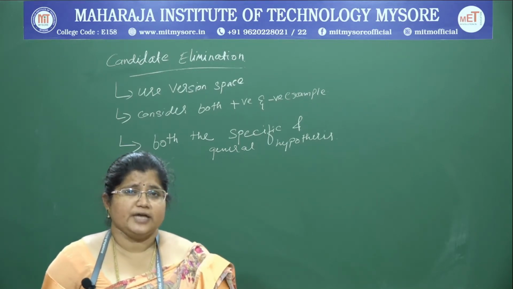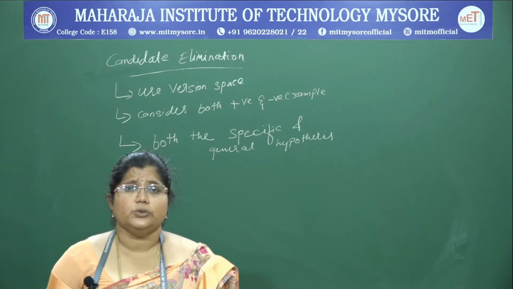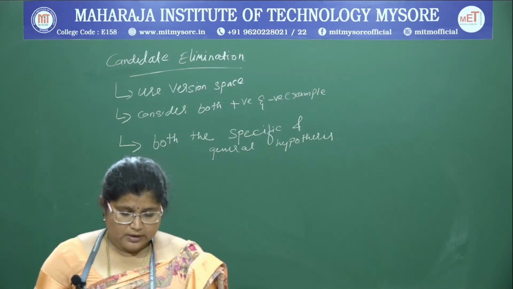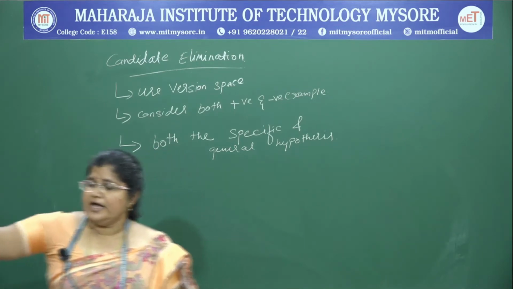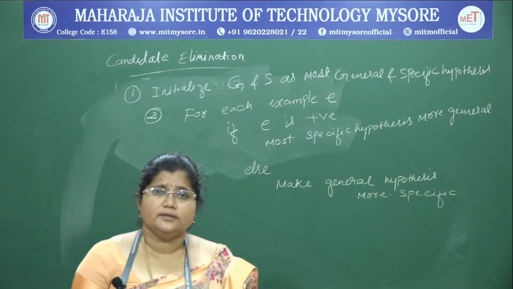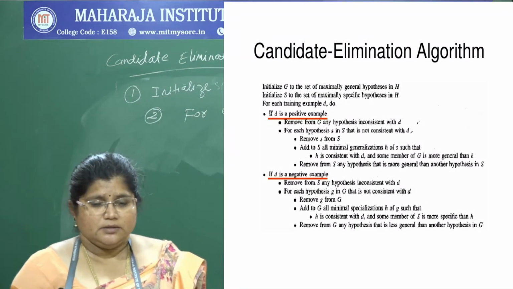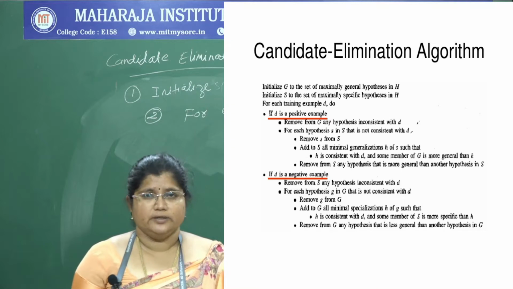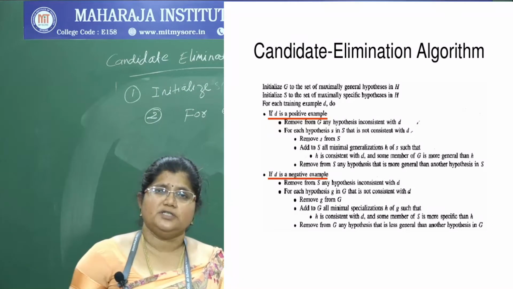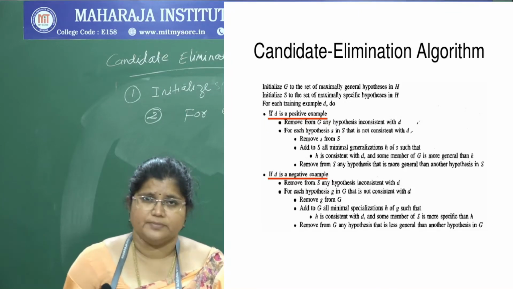Before moving into the candidate elimination algorithm example, let us look at how it is going to work, as simple steps of this algorithm. Let us look at the candidate elimination algorithm step by step. It generates hypotheses which can represent the positive training examples and negative training examples.